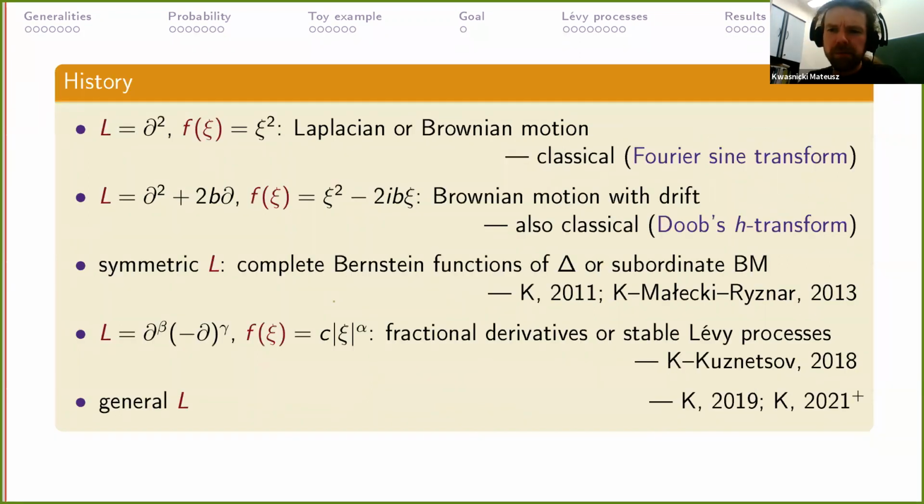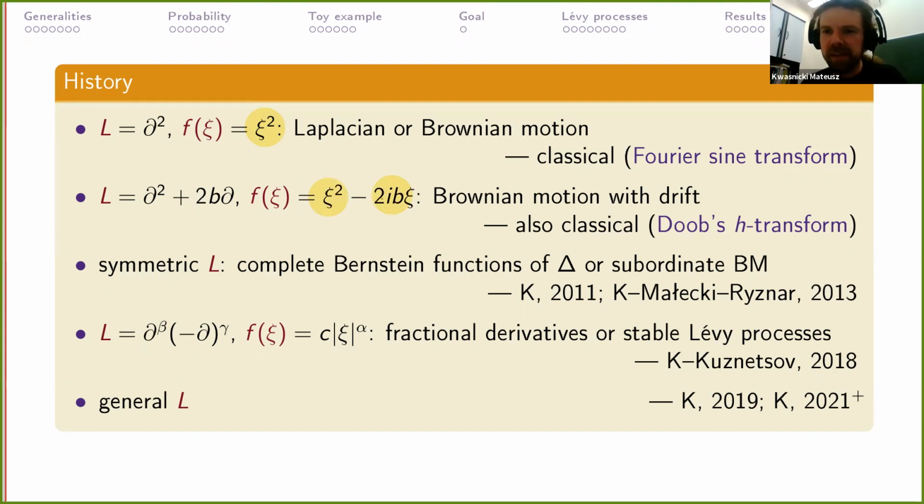We also have a corollary about the supremum functional, but just to make this simpler, I did not write it here. That requires even more technical assumptions, for reasons that are really not clear to me. So as I mentioned, the case of the Laplace operator and the Laplace operator plus linear term are really classical and very old.